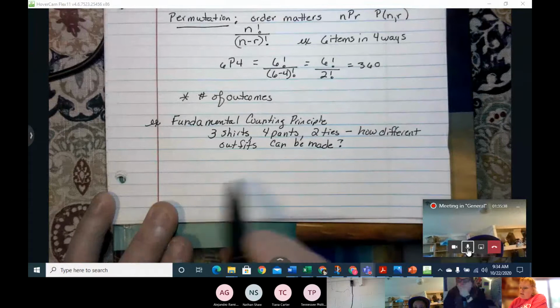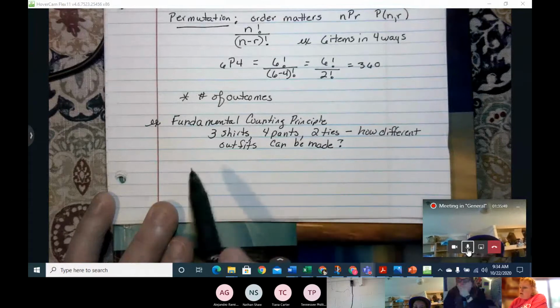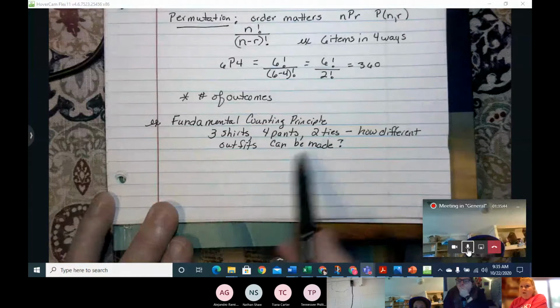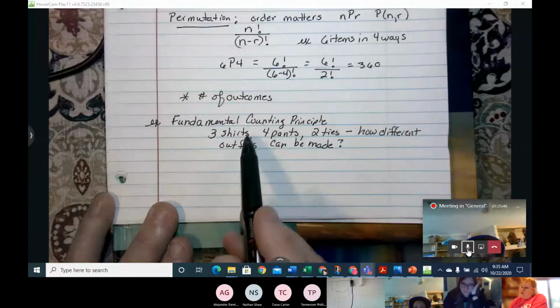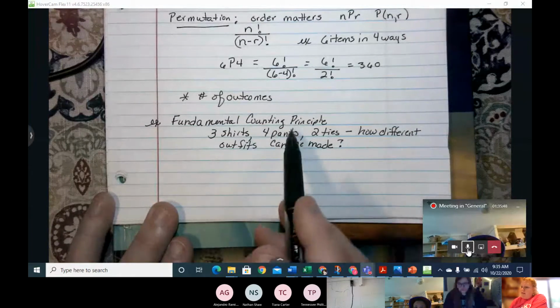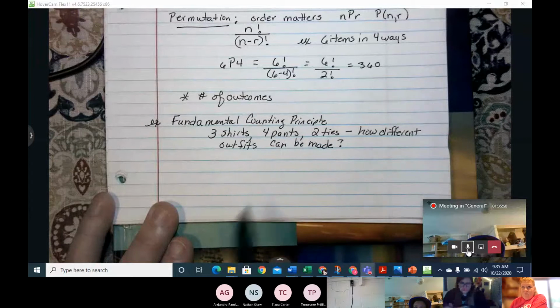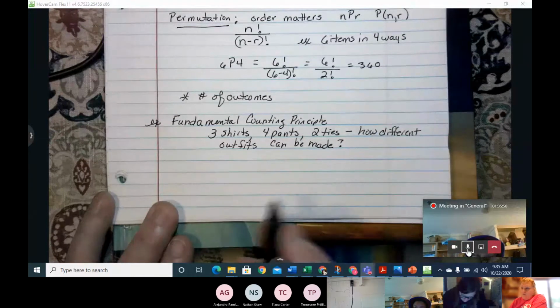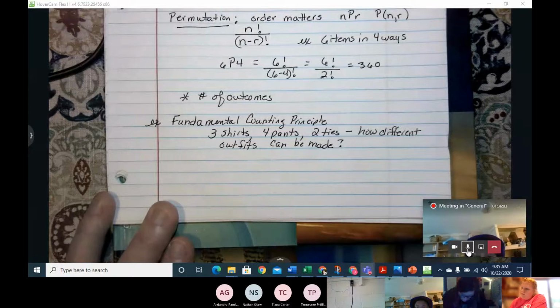We could make a list or a table and match them up. Shirt 1 with pants 1 with tie 1. Shirt 2 with pants 1 with tie 1. And we could make the list and then count up how many combinations we came up with. That would be very tedious. We could make a chart and organize it and put it all together.